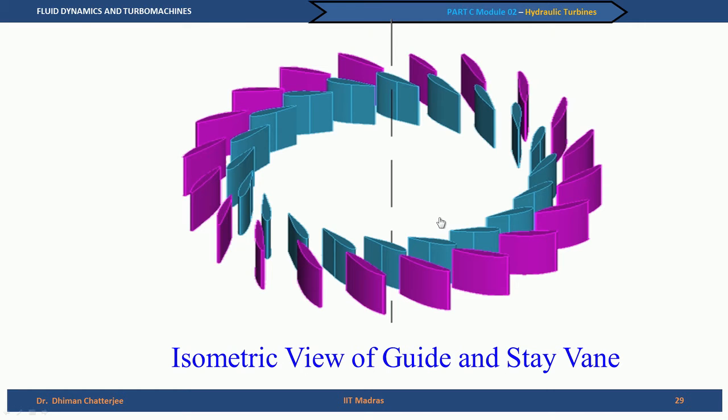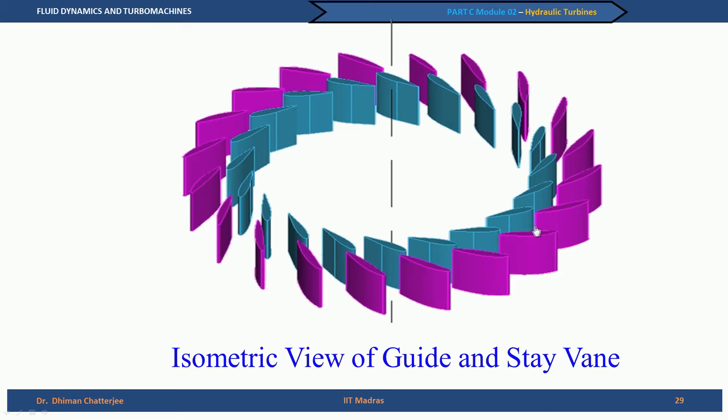So, where again we are talking about an inward flow reaction turbine, and you know the reason why it is inward flow, that it goes from a higher radius to a lower radius. That is because we are trying to make use of the centrifugal pressure rise due to the blade rotation, as we have discussed earlier.